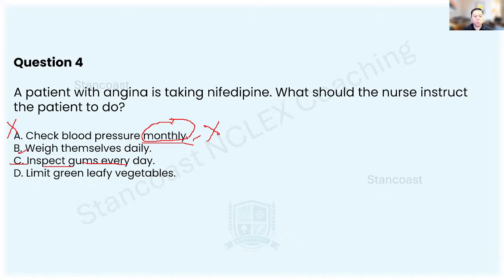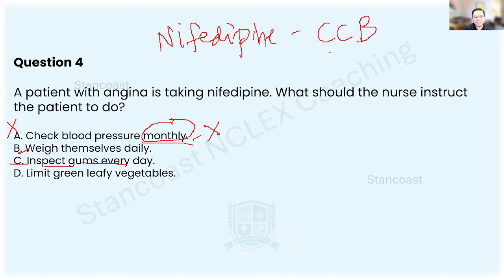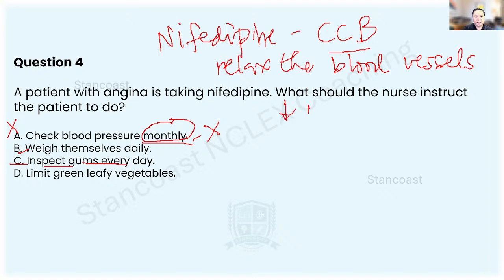What about letter B? Weigh themselves daily. What is nifedipine? This is a calcium channel blocker, CCB. It can relax the blood vessels. It can also decrease myocardial contractility. It will lessen the strength of the myocardial force. So I would say that the heart muscle is slightly weaker than normal when they are taking the CCB.